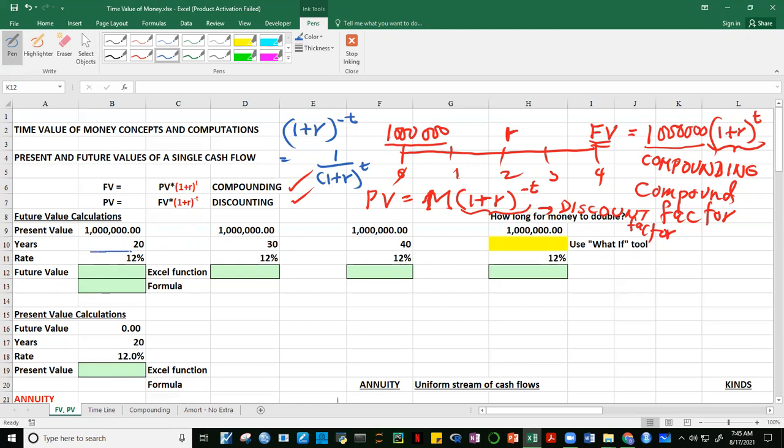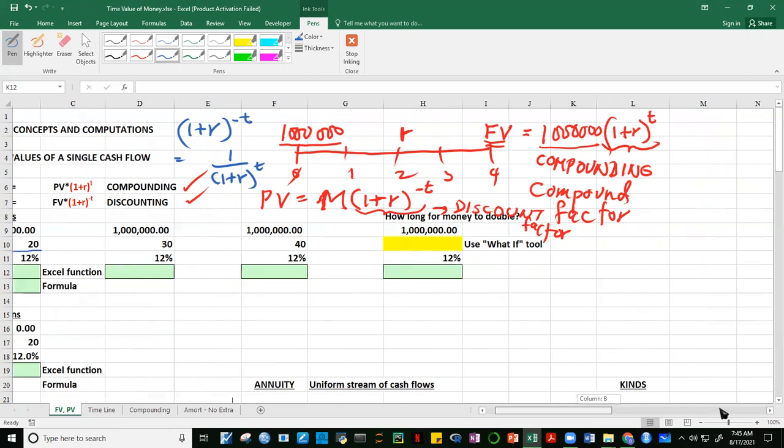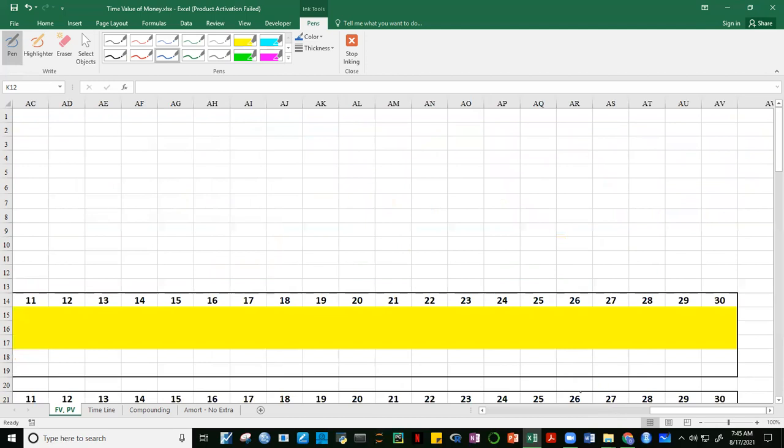We're going to put it in an investment that earns a rate of 12%. How much will our money be after 20 years if we have 1 million today? It's just like if we're going to draw the timeline. So let's draw the timeline for that one.